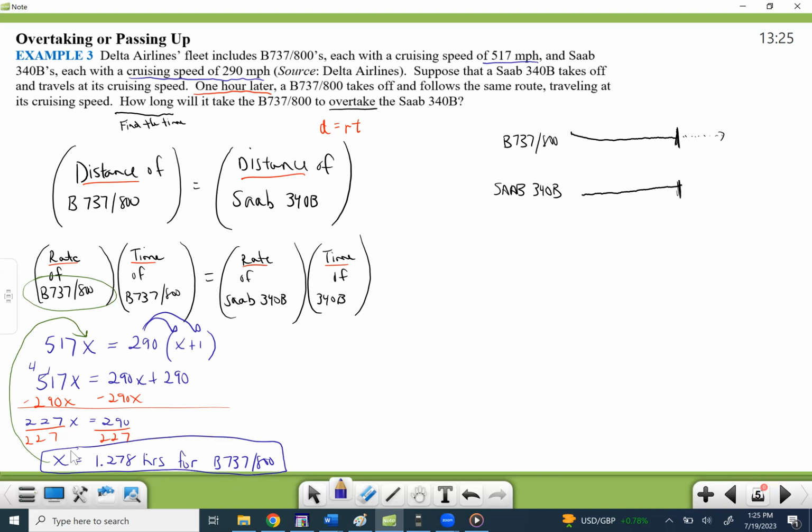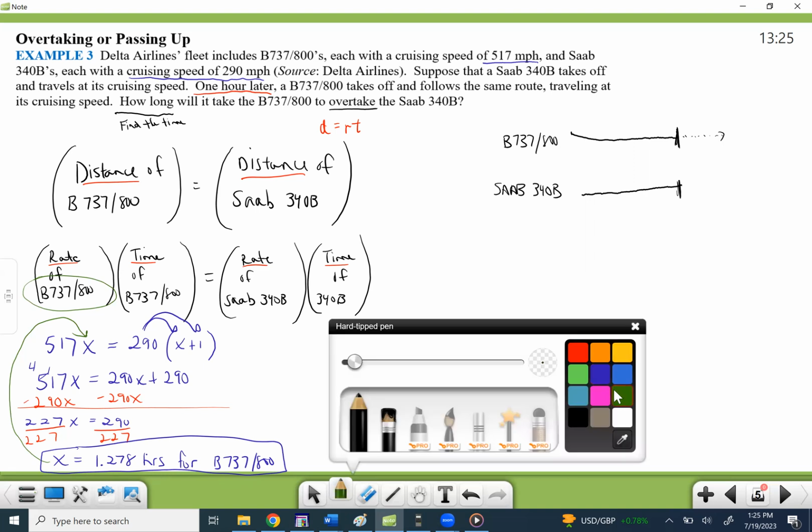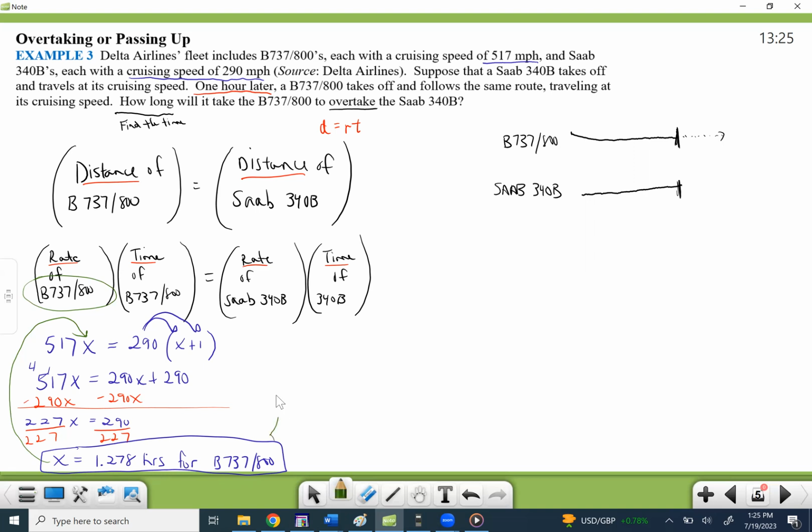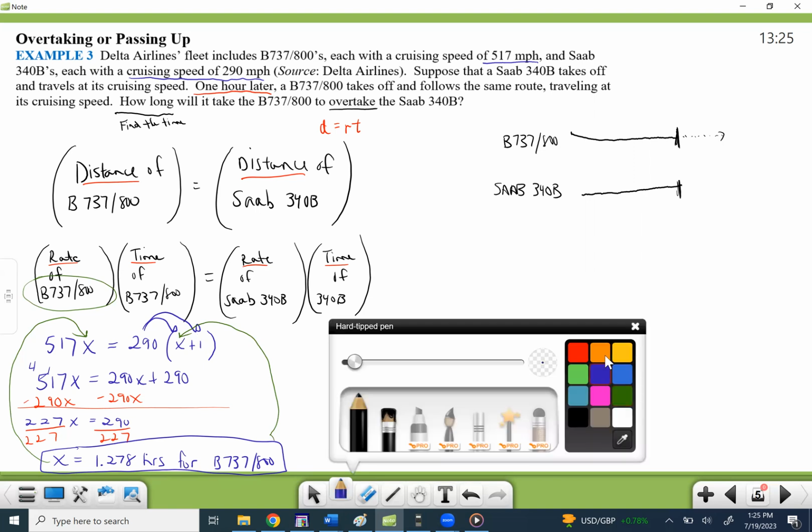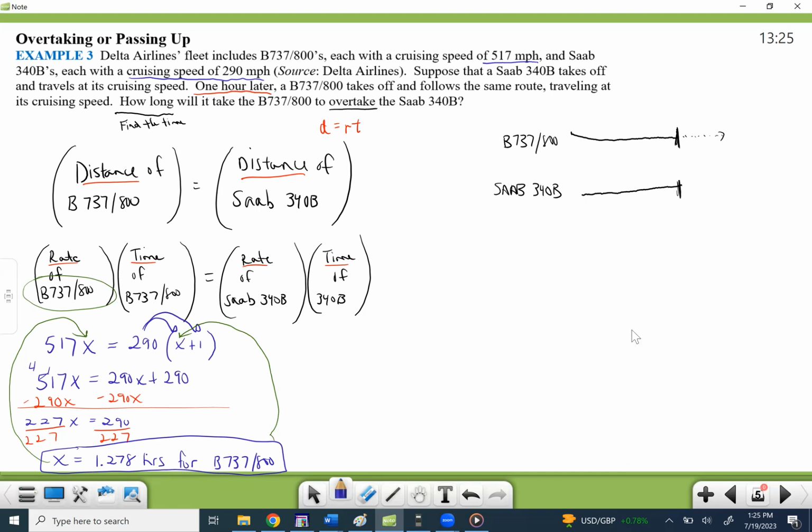Now remember the Saab got an hour more, right? So you can go and you can plug in the 1.278 right here, and that'll help you find the Saab's time. So add 1 to it. So 2.278 hours for the Saab.